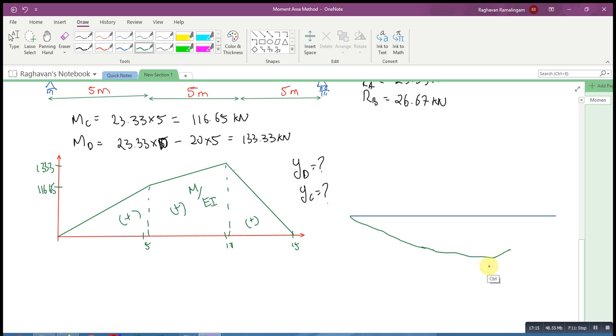Of course, you'll have a smooth curve. Let me try to make it as smooth as possible. Okay, so this is what my curve may look like. So this is YC, YD.